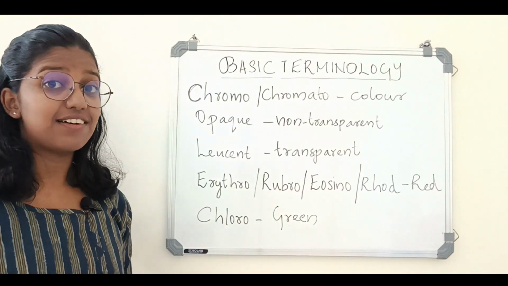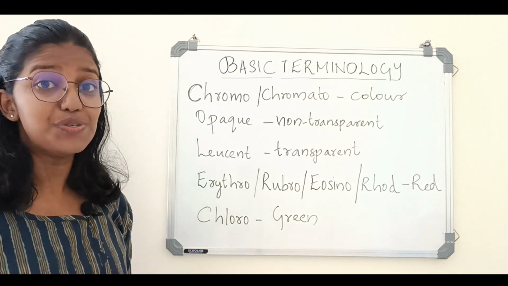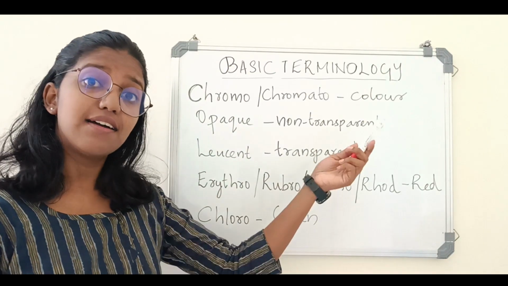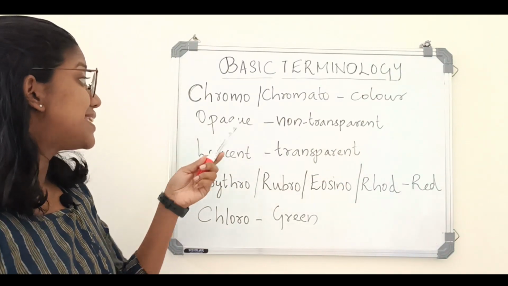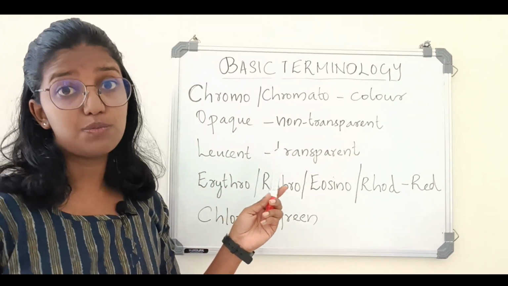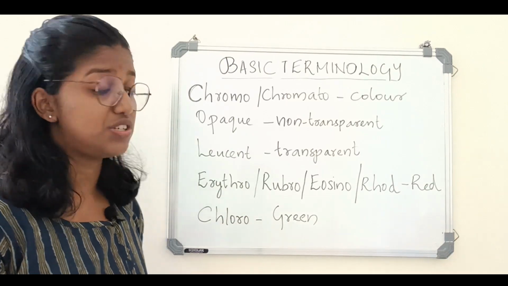Guys, everybody likes colors. There are certain medical terms in relation to colors, like chromo or chromato, which means color. We will say opaque, that means non-transparent. Lucent means transparent. These two terms we frequently use in radiology.